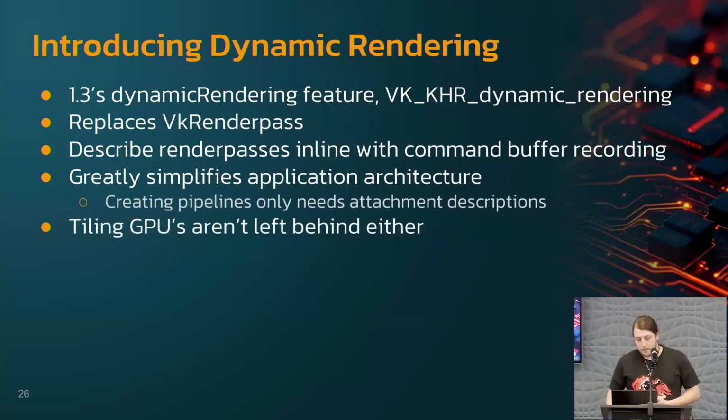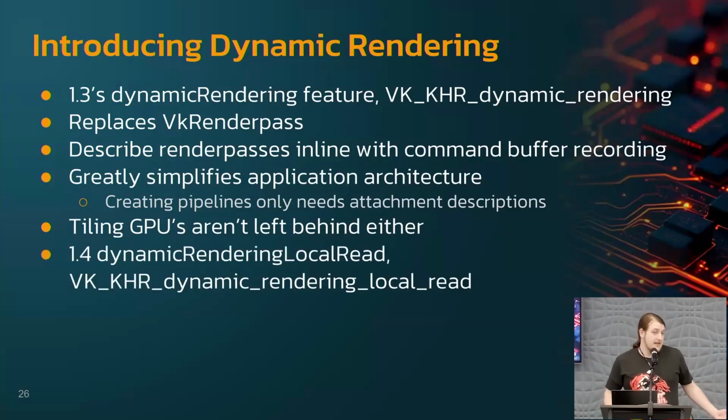Tiling GPUs aren't left behind. I know I like to think, oh, they're just going to be playing catch up, but no, dynamic rendering local read is the extension and feature that brings tiling GPUs up to the same capability, not needing to state the render passes. And frankly, I have a very hard time suggesting that you should use render passes if your hardware isn't new enough, because it's not really fun.